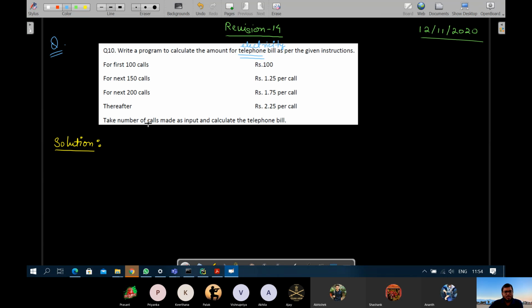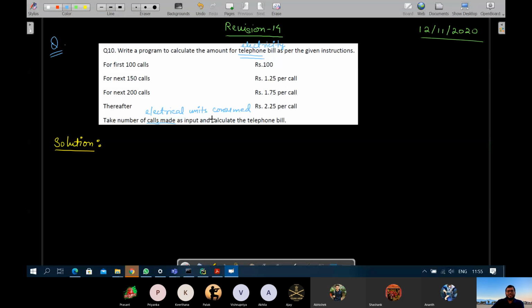Take the number of calls, so in that case you can take it as the number of electrical units consumed. So you can do it this way.